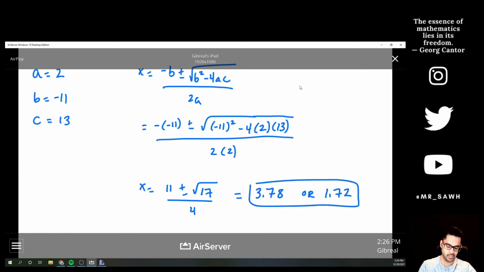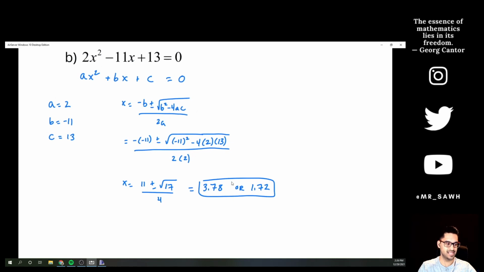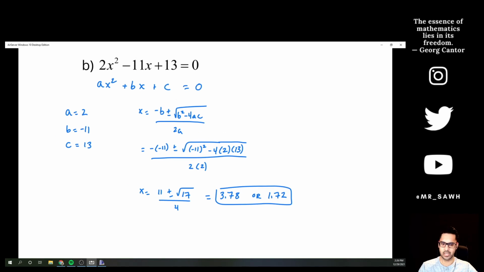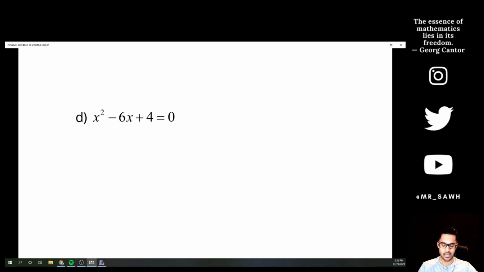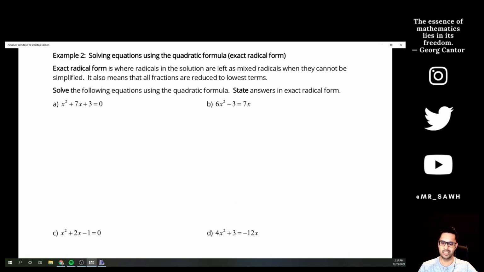So you could graph this in a graphing calculator in Desmos as well, and you will see the exact same number. So I won't do the two underneath. We'll go talk about the exact radical form to wrap this up. Really, there's nothing different except that we're not going to get a decimal answer. We're going to leave it as a fraction with the root sign. Okay, that's the only change.